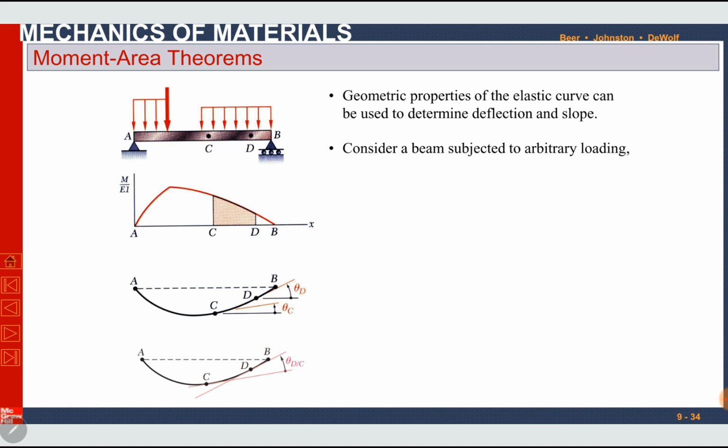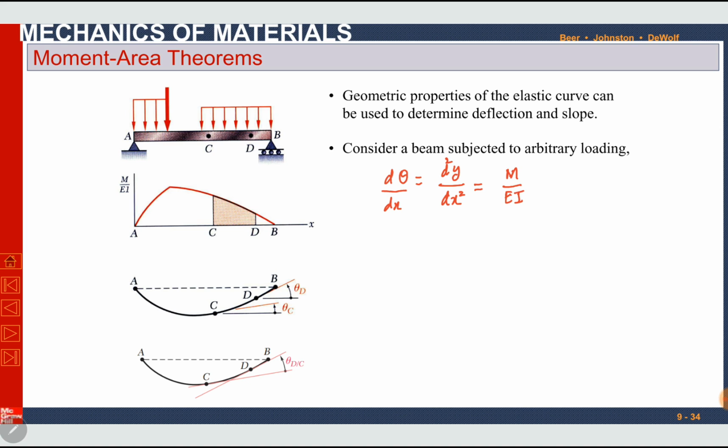We previously know that slope is equal to the first derivative of deflection. If we call it d theta by dx, it will be the second derivative of deflection, d square y by dx square, which can also be written as M over EI.